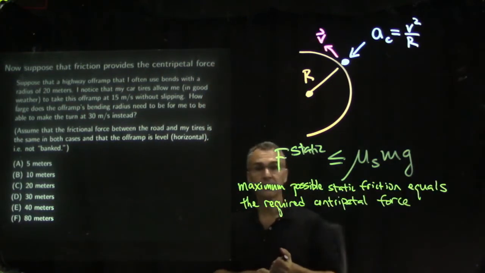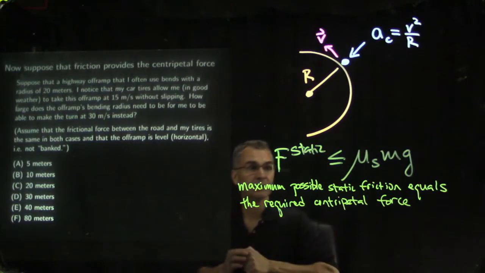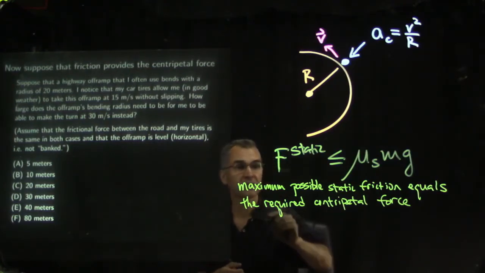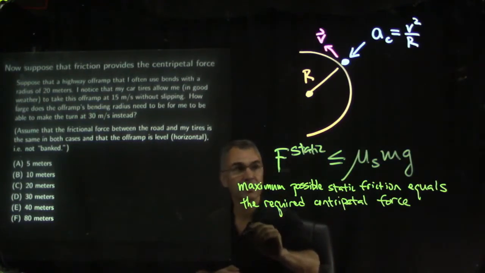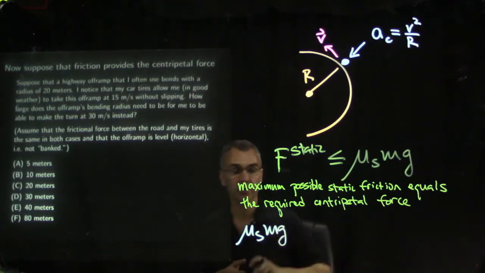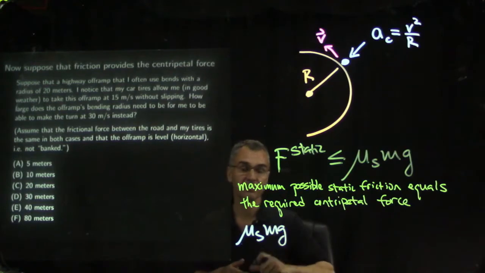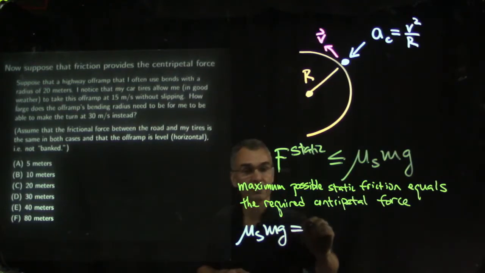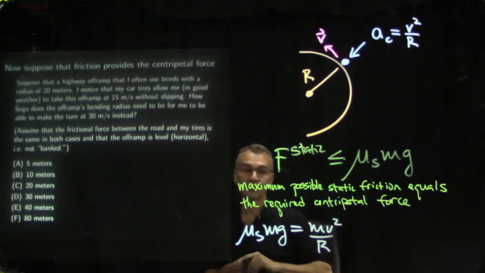I think we can argue that the maximum possible static friction equals the required centripetal force. So then mu static mg, since F normal just equals mg, since it's a flat level road, would equal mv squared over r. And we want to know what the bending radius is at this maximum.